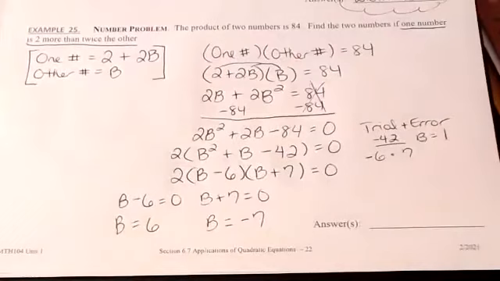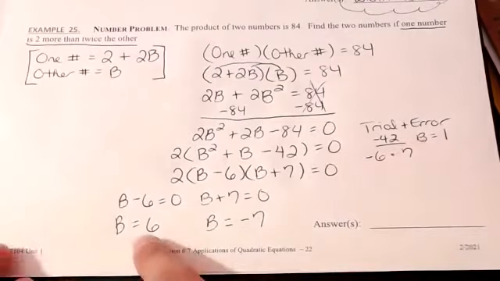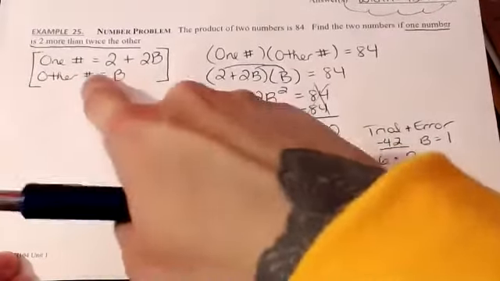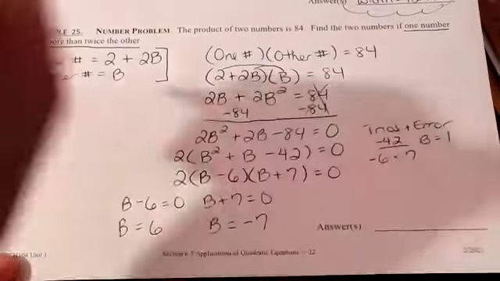Now, here's the fun part about all of this. You can actually have two sets of solutions, right? So we want to double check this. If b is equal to 6, let's write this out.